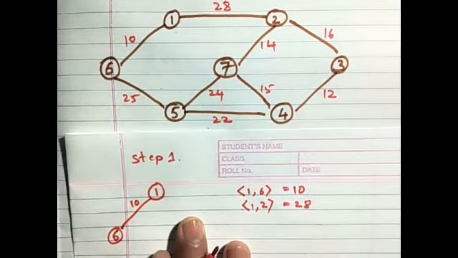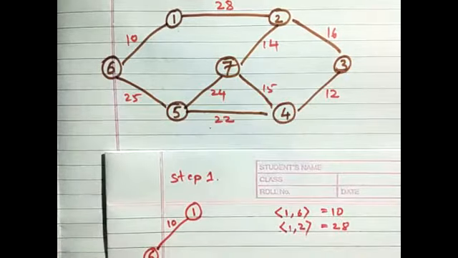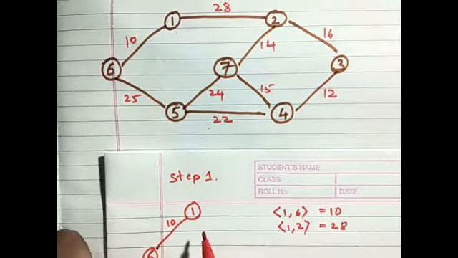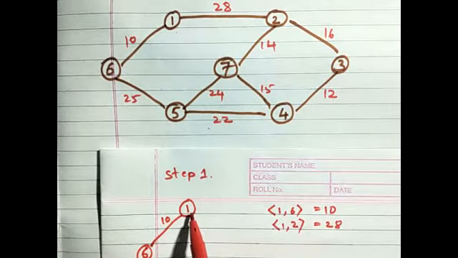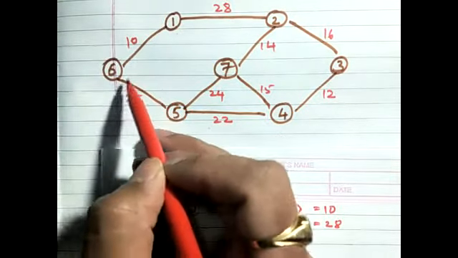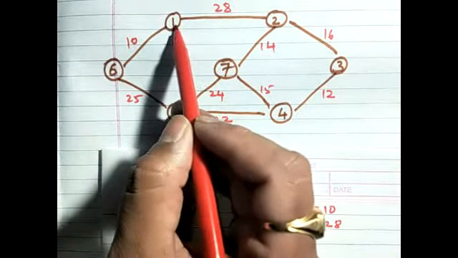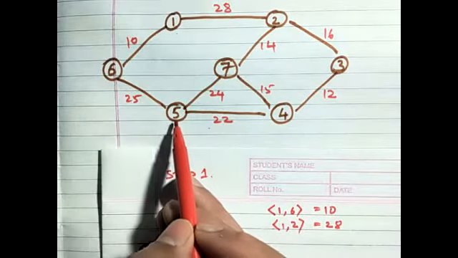Now, in the next phase, step number 2, what I need to do is check from now. In the next step, I can either travel from 1 to 2. Now I have traveled between these 2. Now I have 2 possibilities: from 1 I can move towards 2 or from 6 I can move towards 5.